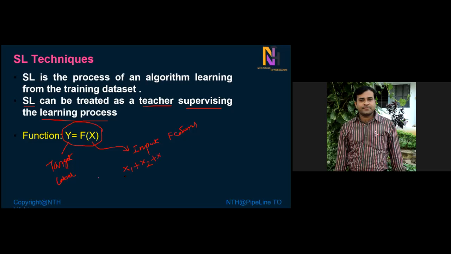Let us suppose we want to predict whether a person is suffering from corona or not. X1 will be fever, a feature of a patient. X2 will be cough. X3 will be a breathing problem. Based on these features, y is either 1 or 0.